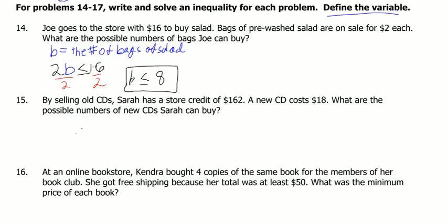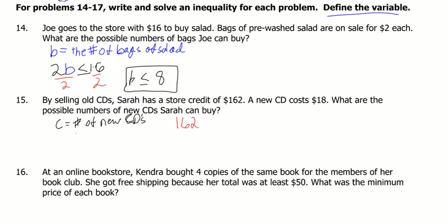So we're going to go C is the number of new CDs. Okay? And I know CDs are kind of the ancient technology, but hey, they still work. So we've got 162 is our store credit that we have.